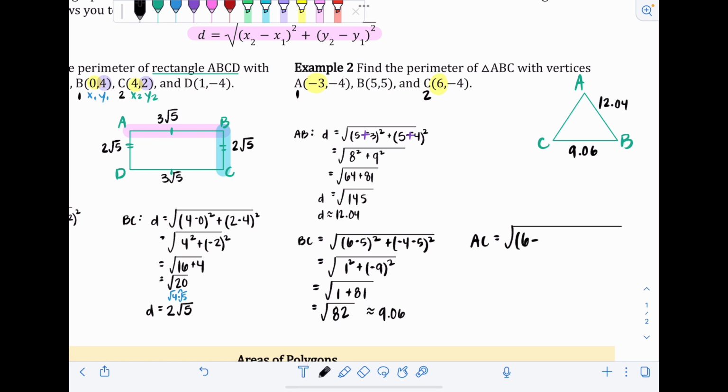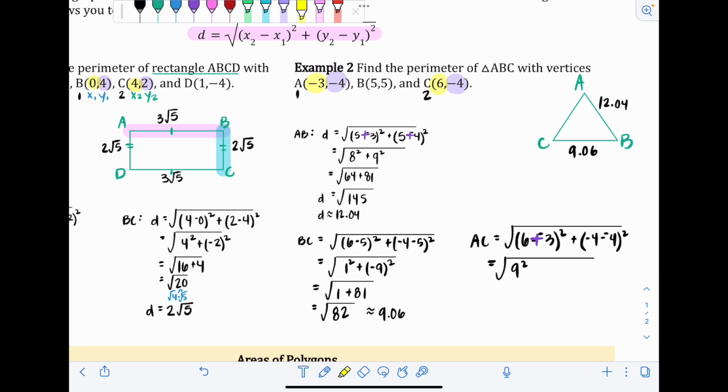So 6 minus negative 3 squared, and then plus y2 minus y1 will be negative 4 minus negative 4, a lot of negatives, sorry, and then squared. So we'll start subtracting. So 6 minus -3 is 6 plus 3, so 9 squared.